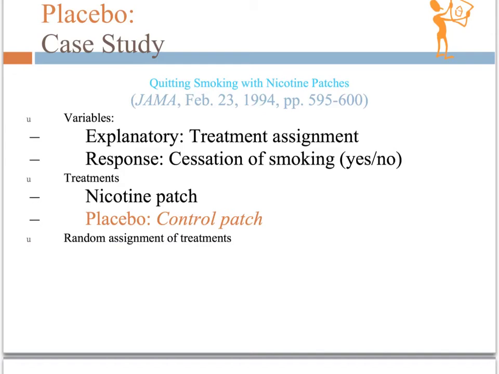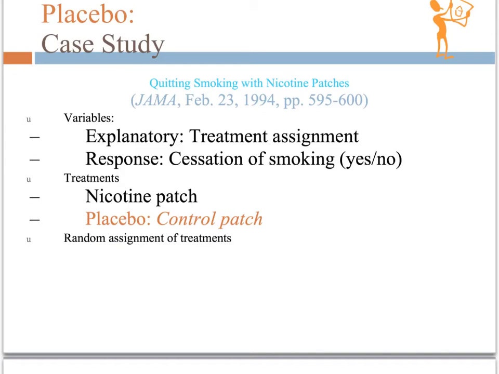So the placebo in this is the control patch, okay? The placebo is no treatment being applied. You might have heard of the term sugar pills. So sometimes with medication that's in a pill form, people will get what's called a sugar pill, and it's a pill that has no medication in it whatsoever.